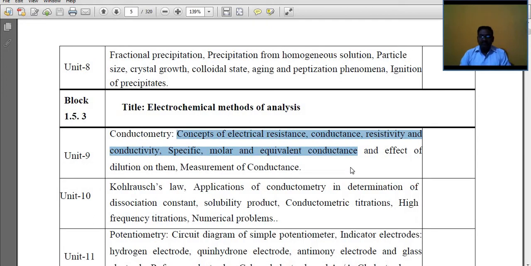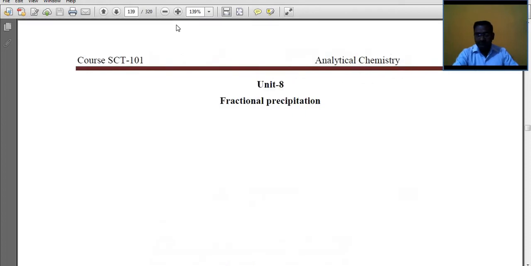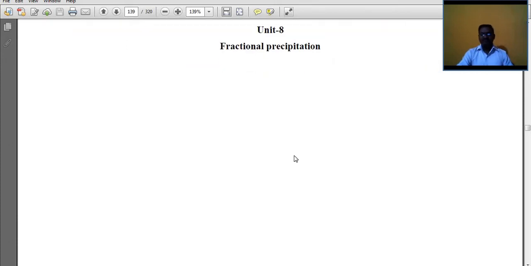In this module, we discuss both the units, Unit 8 and Unit 9. Now we are going to discuss fractional precipitation.